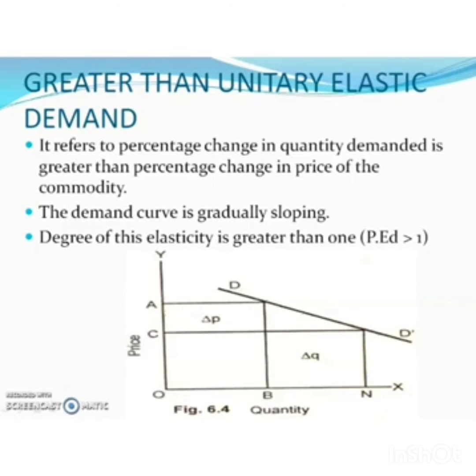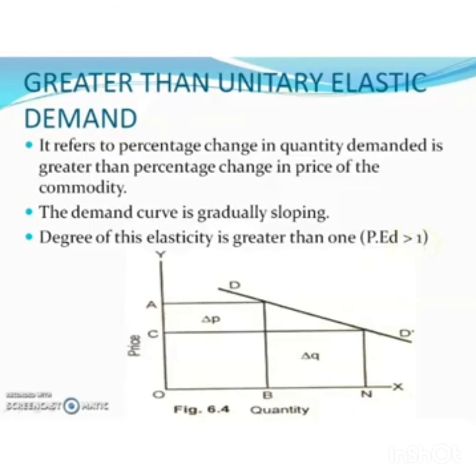The degree of this elasticity is greater than 1. From the diagram, whether the price increases or decreases, the change in price is less than the change in quantity demanded, or otherwise the change in quantity demanded is greater than the change in price.